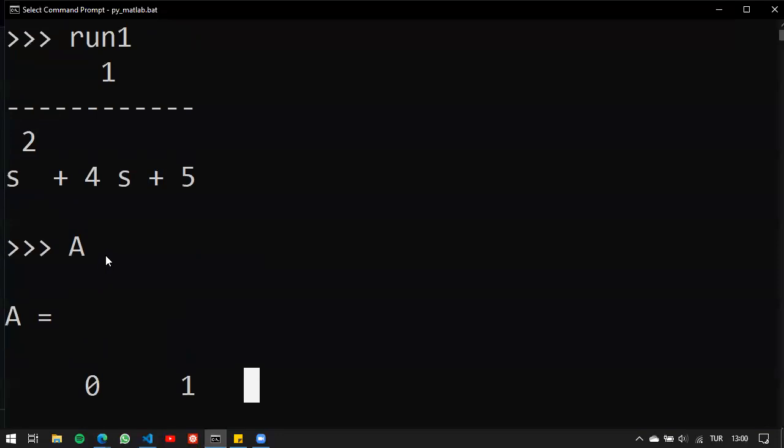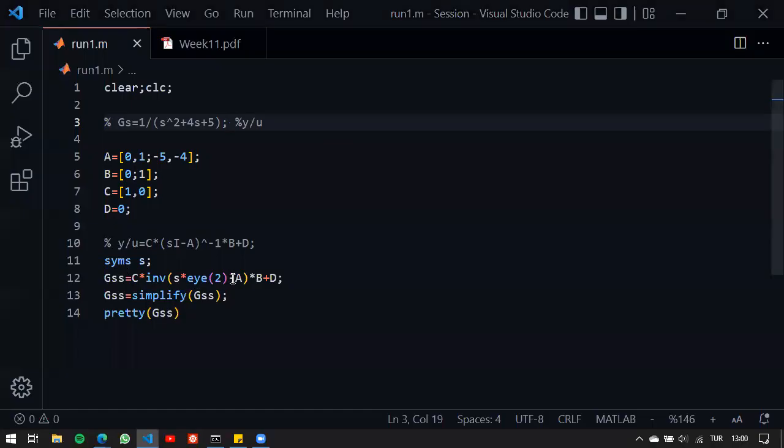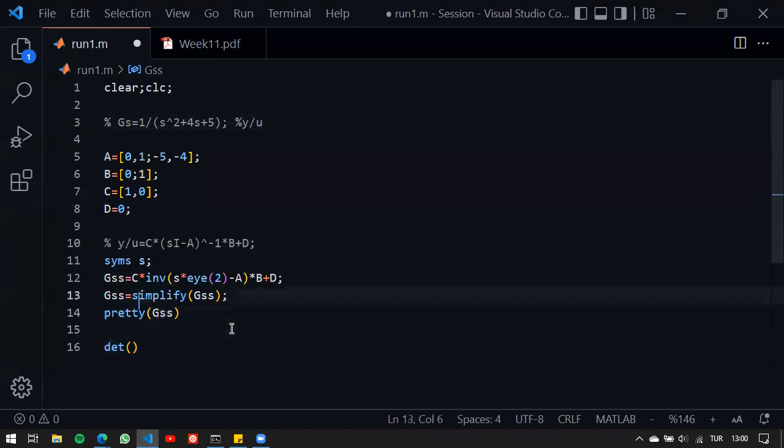So A is here important because we take the inverse. You can see that we take the inverse. And if you look up the inverse of a square matrix, you'll see that the determinant will pop up. So the determinant of SI minus A is important to us.